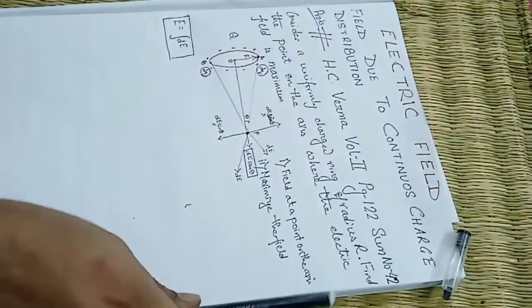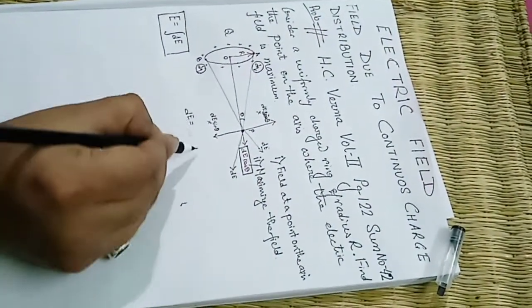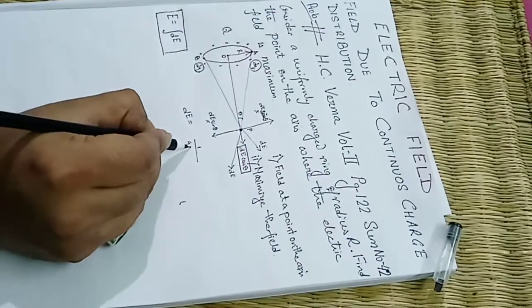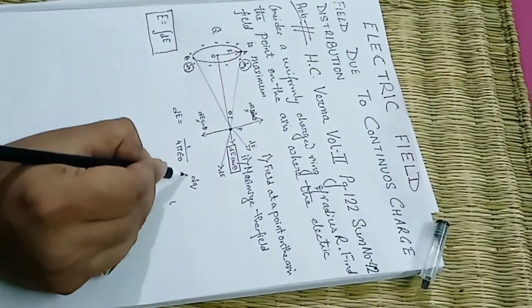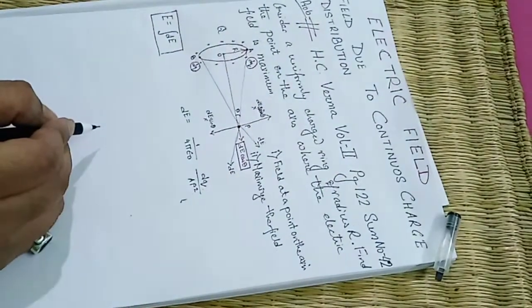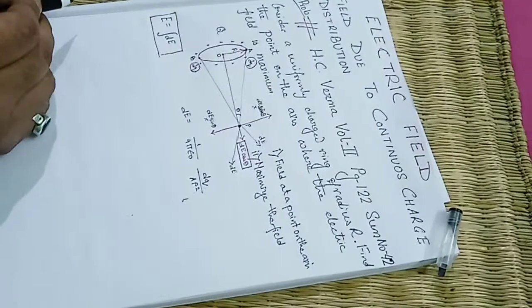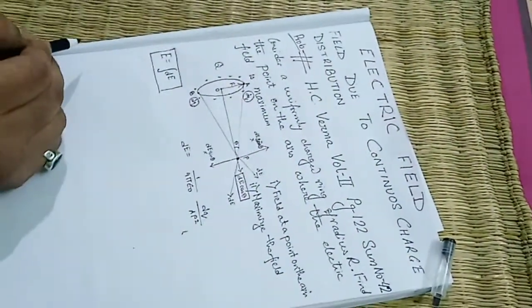Now let us do. What is dE? dE is 1 by 4 pi epsilon naught dq by AP square, right? We have found this dE. We will find this cos theta. We have to find this AP.